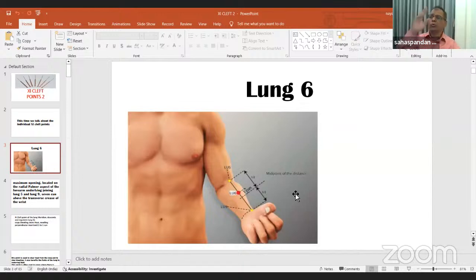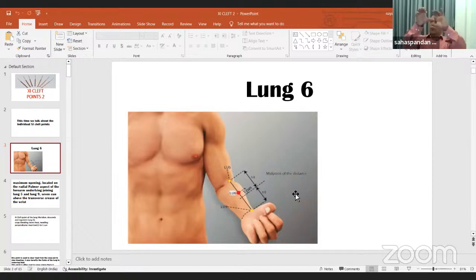And how can you needle? Needle with perpendicular insertion. So no oblique, no horizontal. Perpendicular insertion, 0.5 to 1 tune.